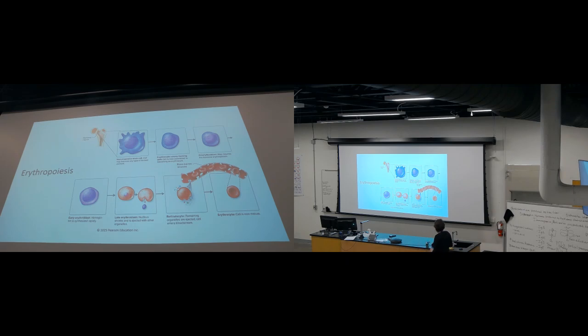Now, this proerythroblast will become an early erythroblast. And in this early erythroblast, you start synthesizing hemoglobin really rapidly. So you start making a lot of hemoglobin, and you start making it so fast that when you go into the next stage, which is a late erythroblast, the nucleus becomes small, and there is no more space for the nucleus, so you eject the nucleus in the late erythroblast, and you eject other organelles.